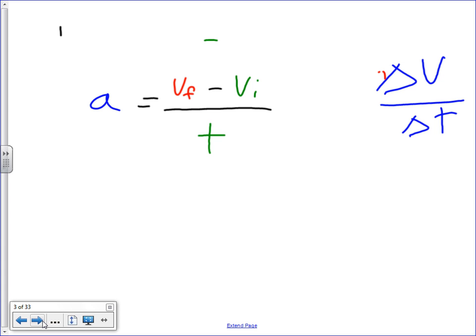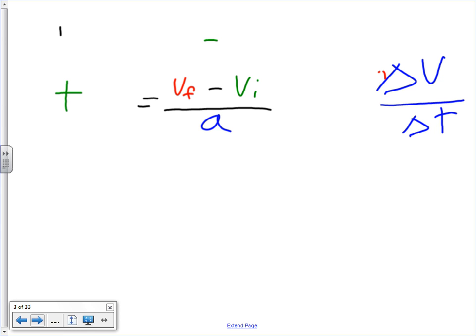Believe me, I'm going to save you from a life of torment by teaching you algebra. Now, I want to solve, let's say, for time. How would I change this formula to solve for time? Switch a and t, or multiply both sides by t and divide both sides by a. Everyone with me there?